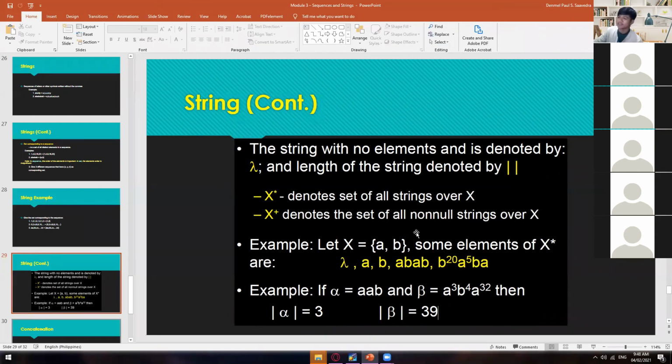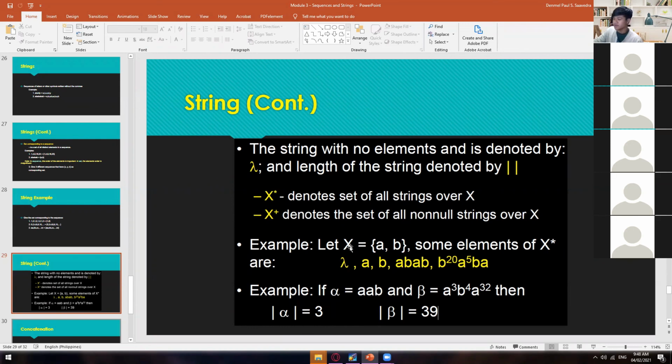Let's have an example for you to be able to understand those given symbols. Let x be equal to the set of a, b. And then take x asterisk. If we have this kind of symbol, asterisk, you have to identify all of the possible strings over this variable, which is your x.